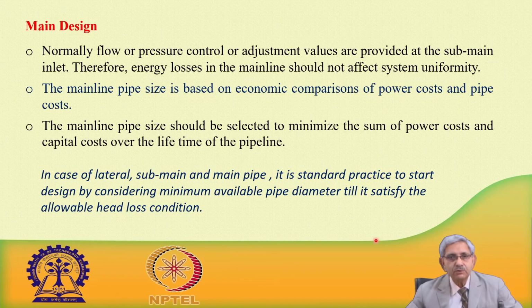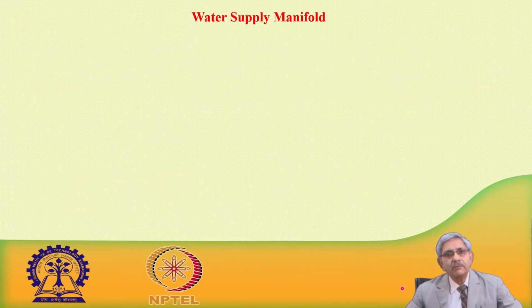So, what we are seeing here is that when we are deciding the main, submain and lateral pipeline sizes, we need to see what our layout in the field is, and layout will depend upon our field condition, which I discussed in previous lectures. So, layout should be taken, then hydraulics should be taken care of.